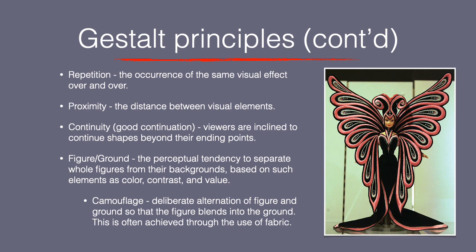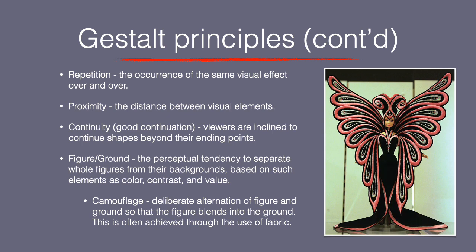Closeness in proximity builds a tension that creates unity. Continuity. Viewers are inclined to continue shapes beyond their ending points. By moving from one shape or object and continuing into another, a fluid connection in the composition is created.